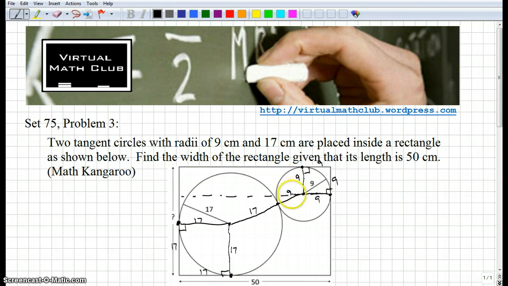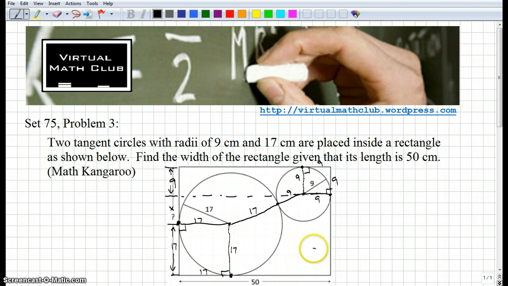So this distance here is 9, from here to here. And then we know that this is 17 from here to here. If I can find the vertical distance between the two centers, then I could find the whole length of the side.